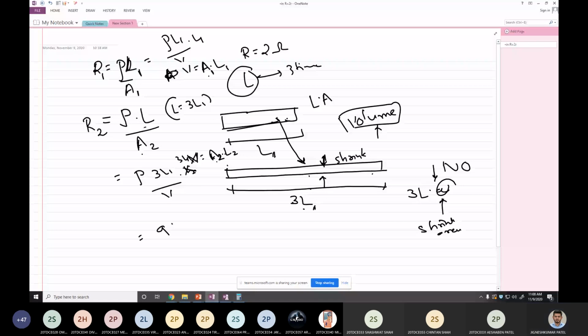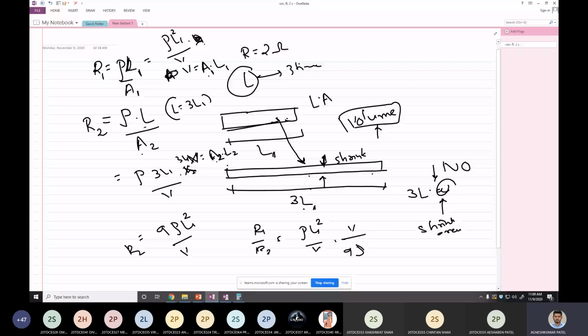In the same way, this is R2, and R1 is here: rho L1 into L1, which is nothing but rho L1 square divided by V. Now, if I take the ratio of R1 to R2, I get rho L1 square divided by V, multiplied by V, over 9 rho L1 square.